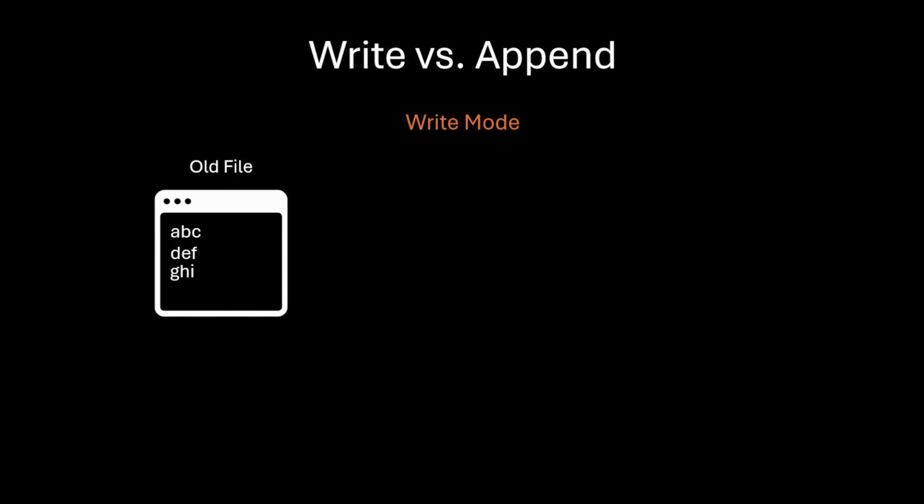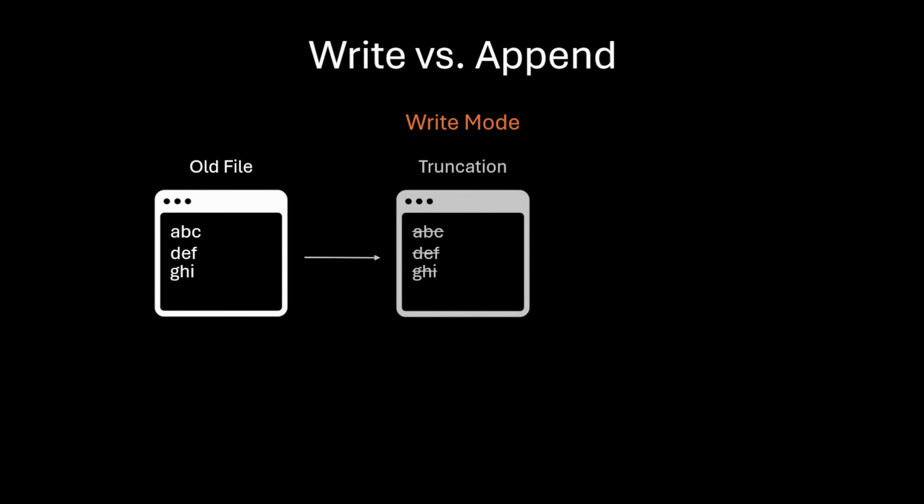First one here is write mode, represented by W. On the left, we have our old file. It contains three lines, A, B, C, D, E, F, and G, H, I. When you open a file in W mode, Python immediately performs an operation called truncation.